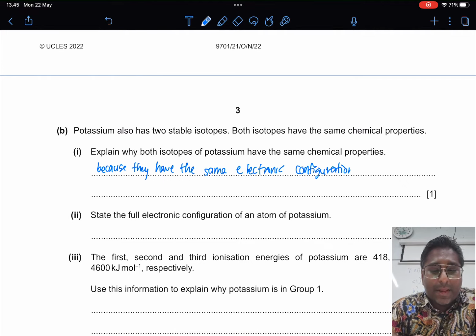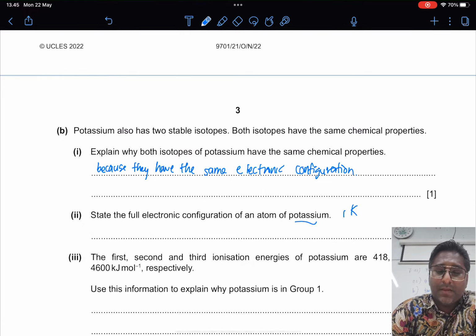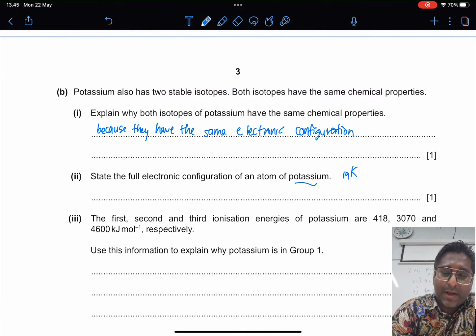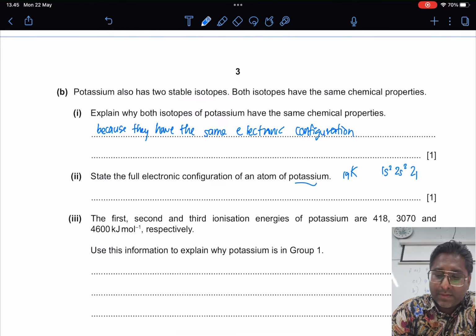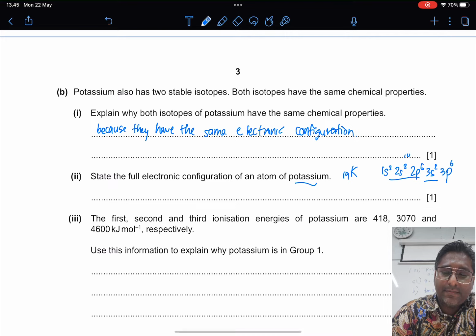Now state the full electronic configuration of an atom of potassium. Okay, potassium is 19. So if you want to write the full electronic configuration, it's 1s2, 2s2, 2p6. Then it's already 10 here. So 2p6, 3s2, 3p6, that's already 18.